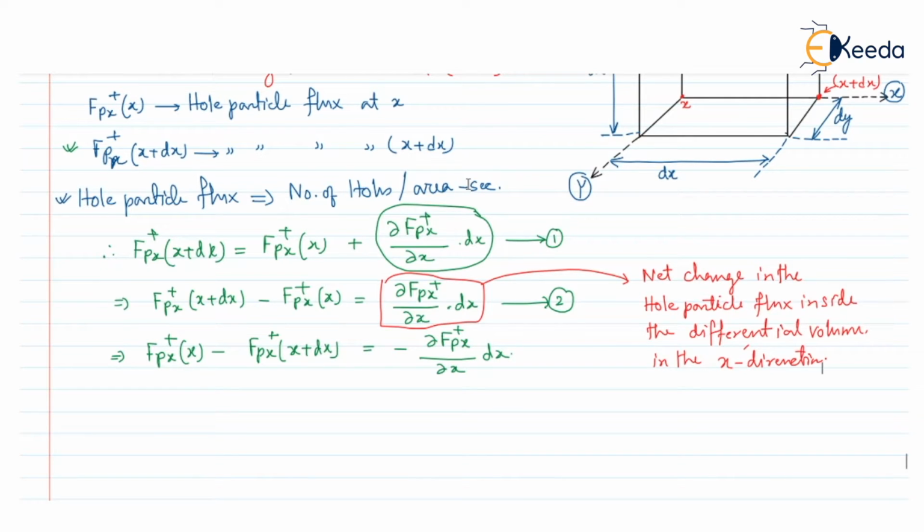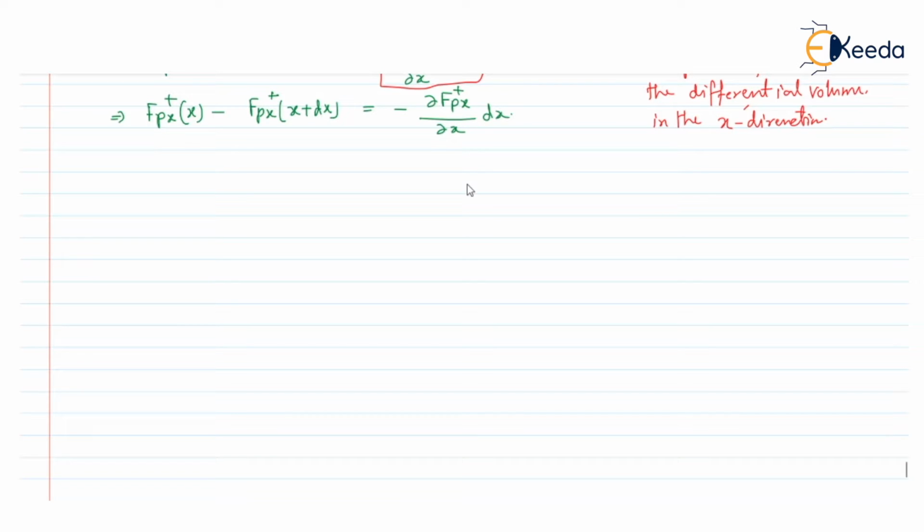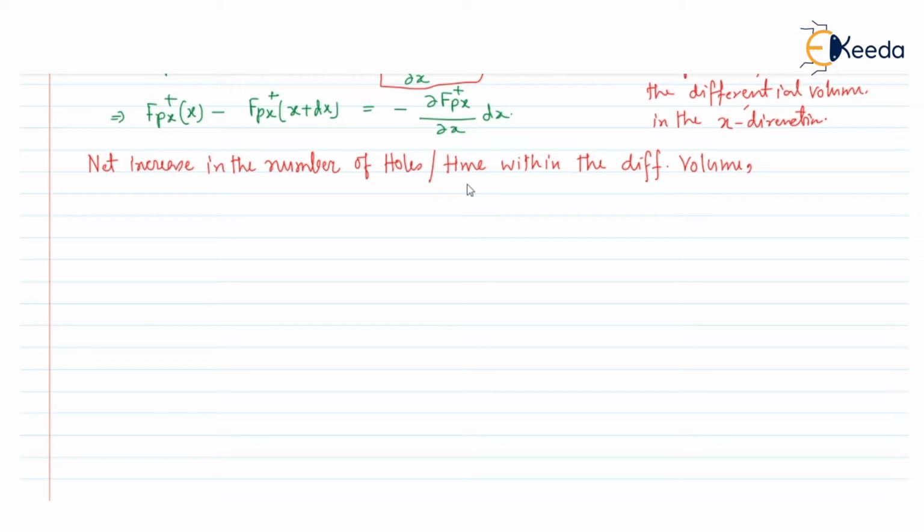So let us find the net increment or net increase in the number of holes per unit time within the differential volume, due to all the directions x, y and z.